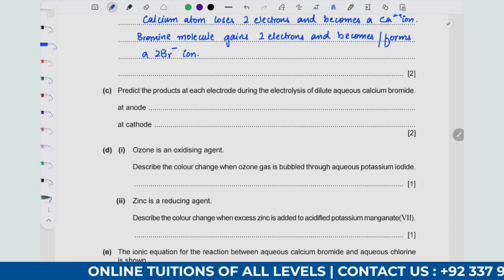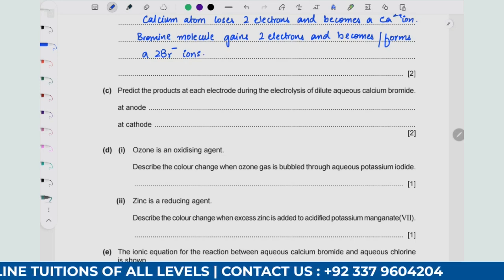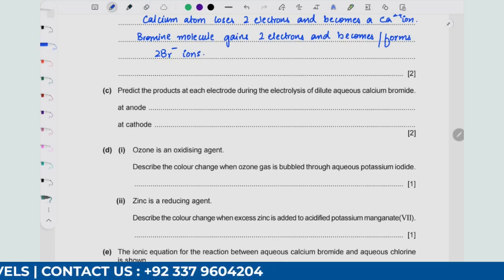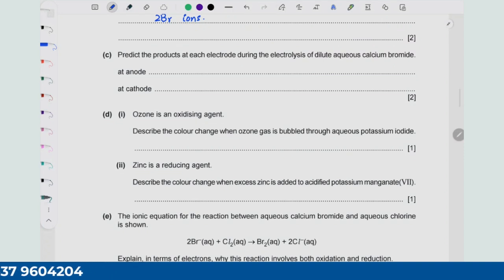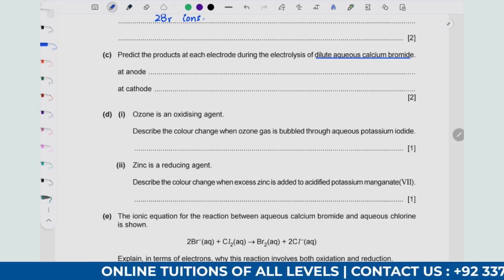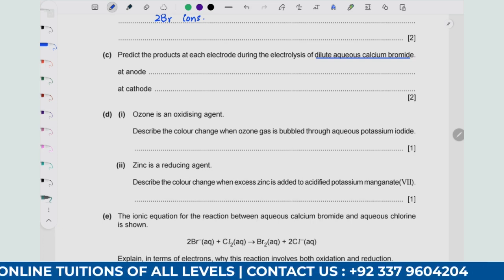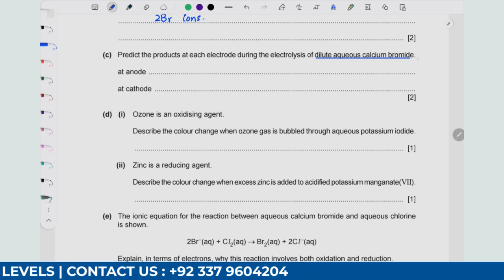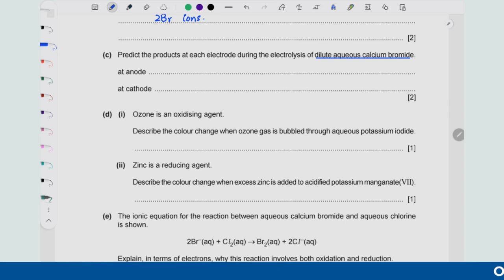Two Br minus ions. Predict the products at each electrode during the electrolysis of dilute aqueous calcium bromide. As it is dilute aqueous calcium bromide, we know from our reactivity series that calcium and bromine both are less reactive than hydrogen and hydroxide ions.